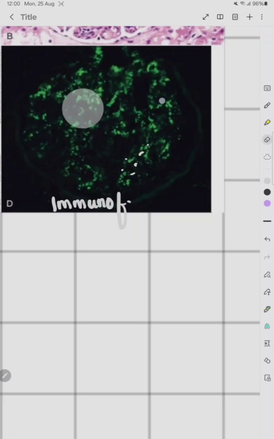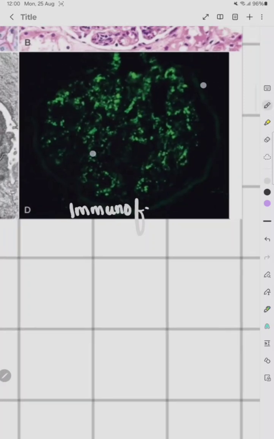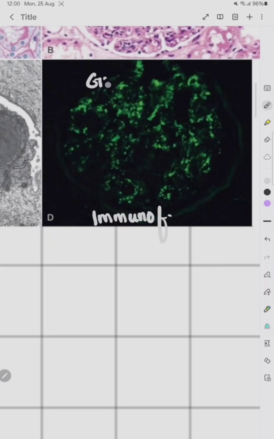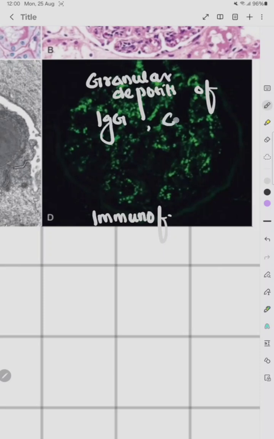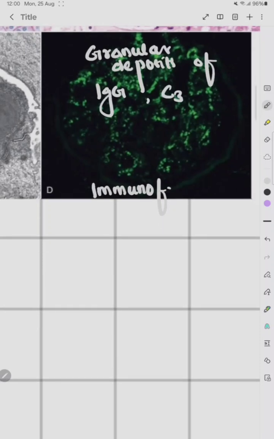It means that this is granular deposits of IgG, C3, and very rarely IgM.